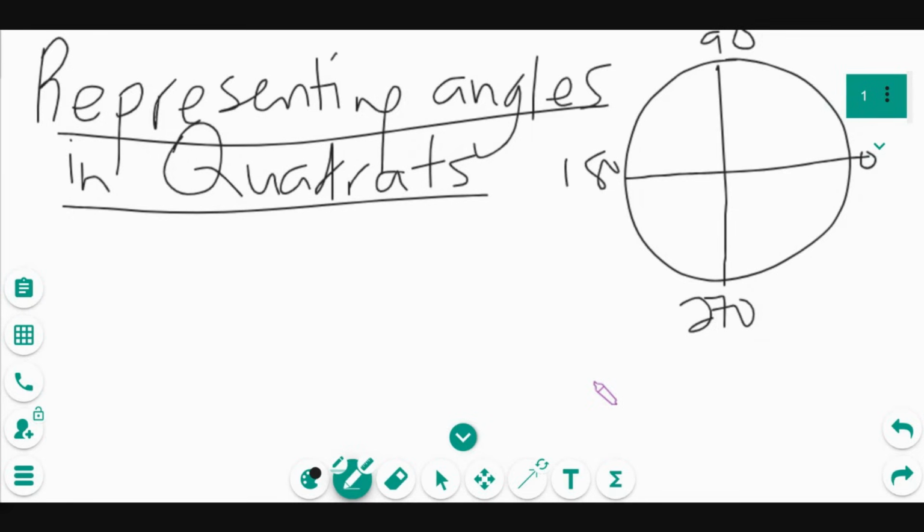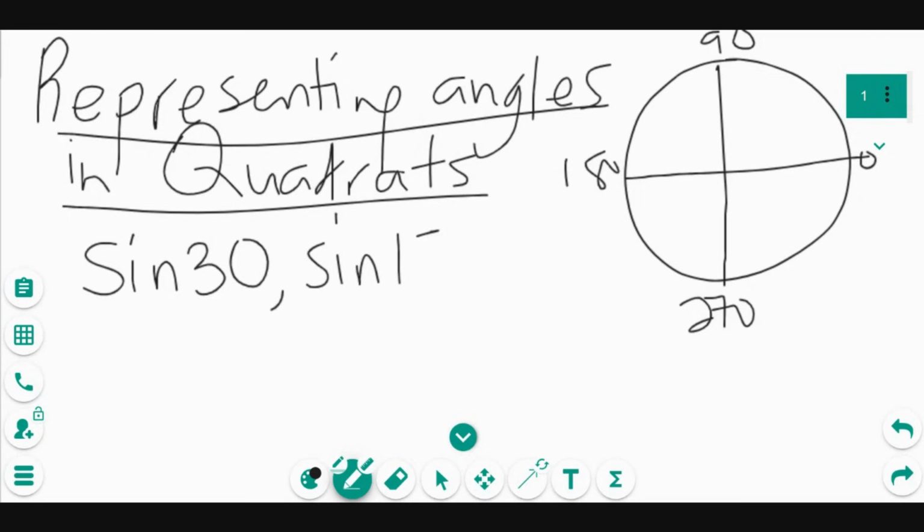These are the angles we are going to represent. We are going to represent the sine of 30. We're going to represent the sine of 150. We're going to represent the cos of 210.